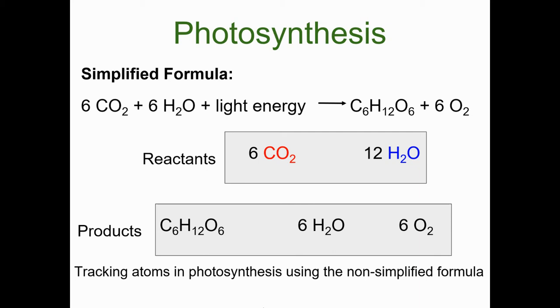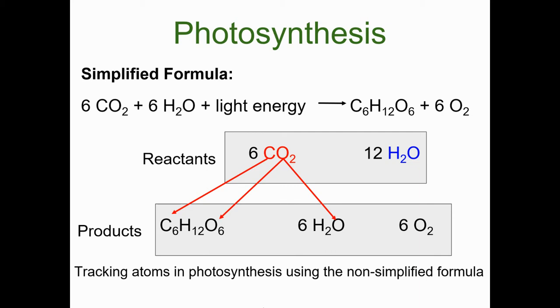And now if we look at an unsimplified version of the formula, we're going to just really quickly track where these molecules go. So from the reactants to the products, how do we get here? Well, the carbon of our carbon dioxide, we can trace it to the glucose, right?